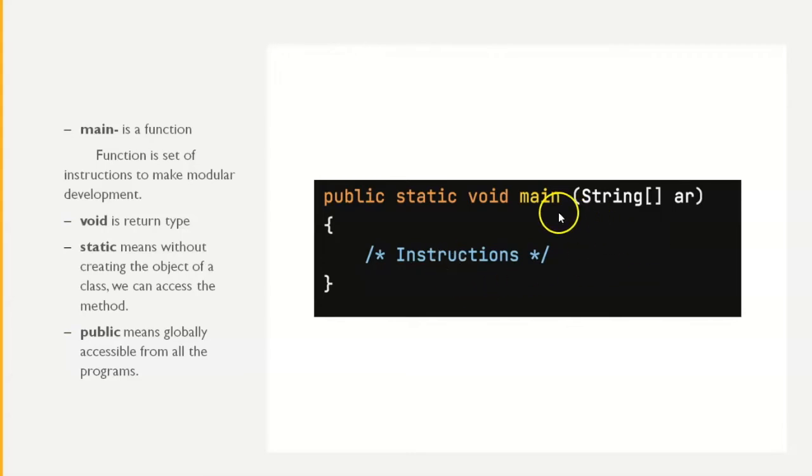Also, functions are for reusability. Again, there is a separate concept about functions, no need to worry about that right now. And void is a return type, which means it is not returning anything. When a program is not returning anything, we consider it as void. Static means without creating the object of a class, we can access the method.